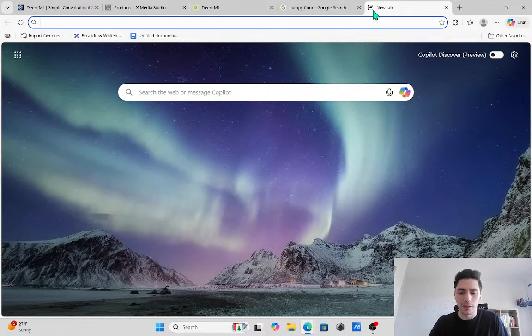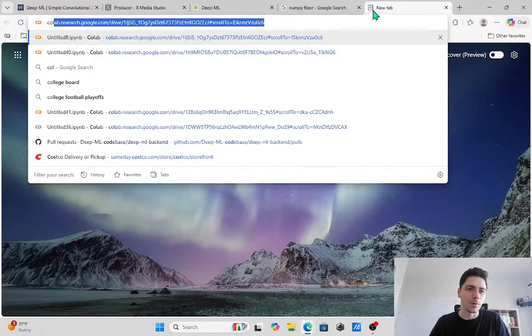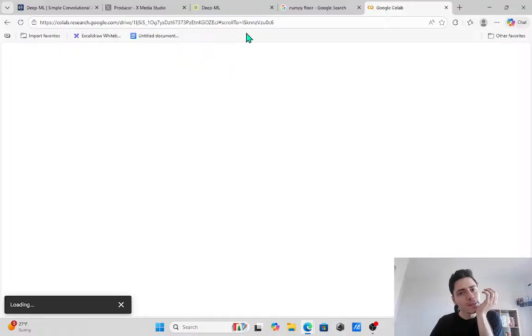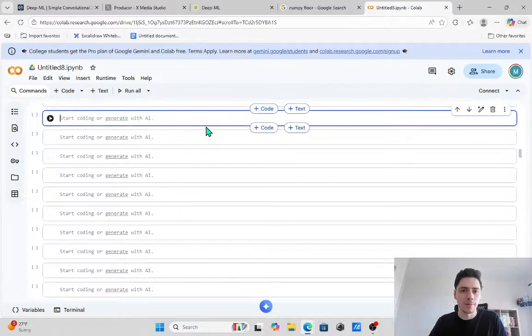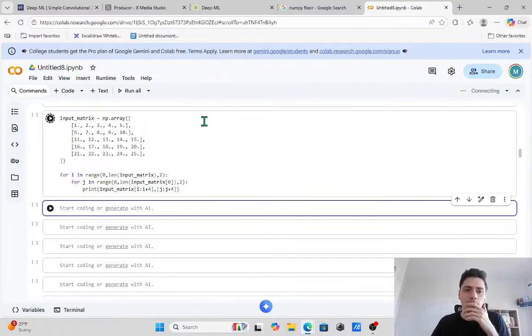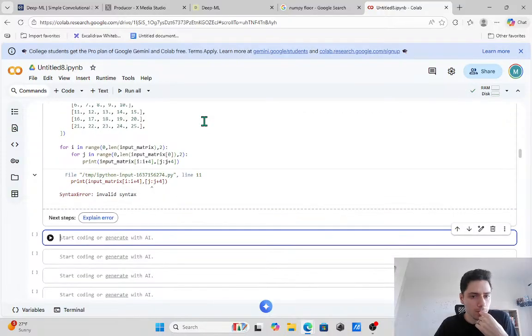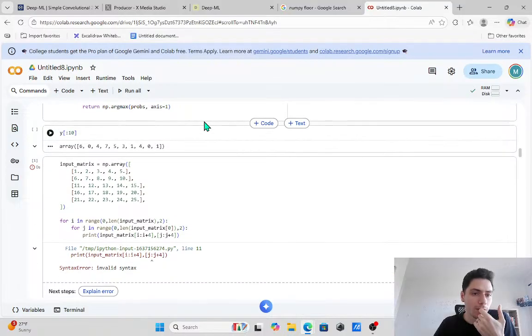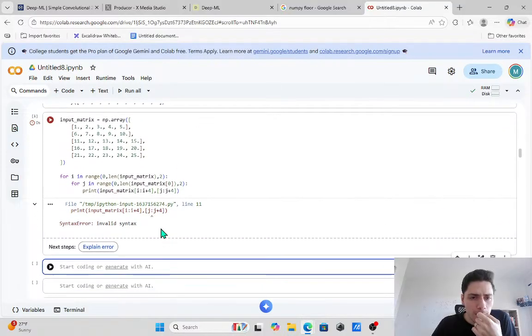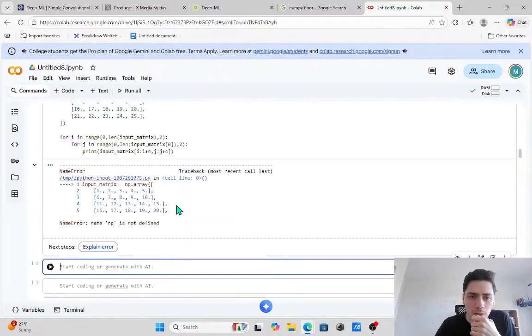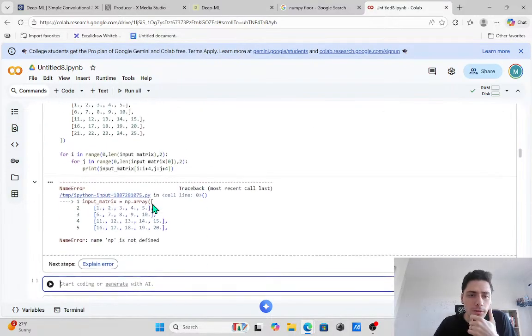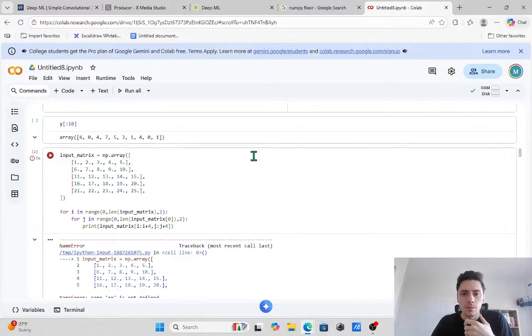Gotta use the competitor. I don't really think we're that much of a competition for Colab, but let's just open this up. I don't know what's here. Oh, it was invalid syntax though. Why though? Ugh, it's this. NumPy is not defined.